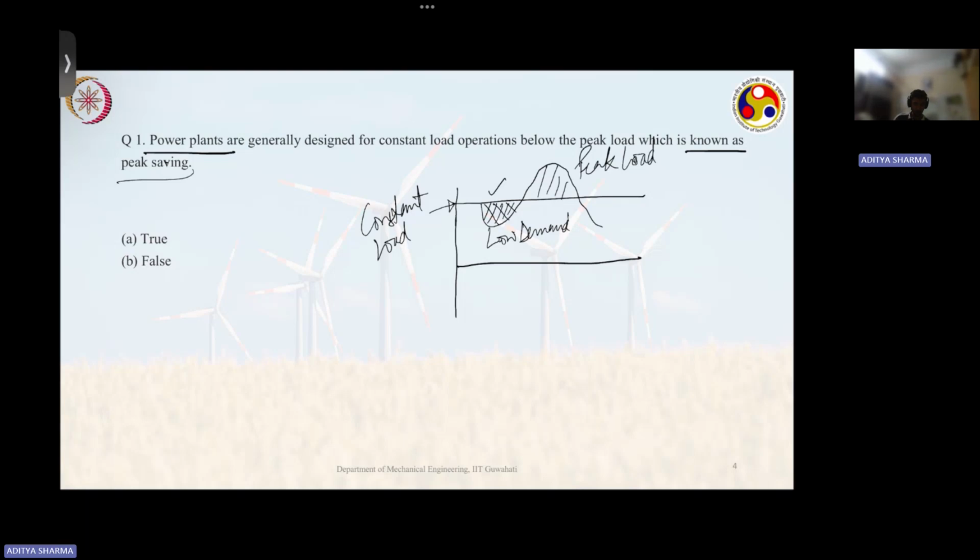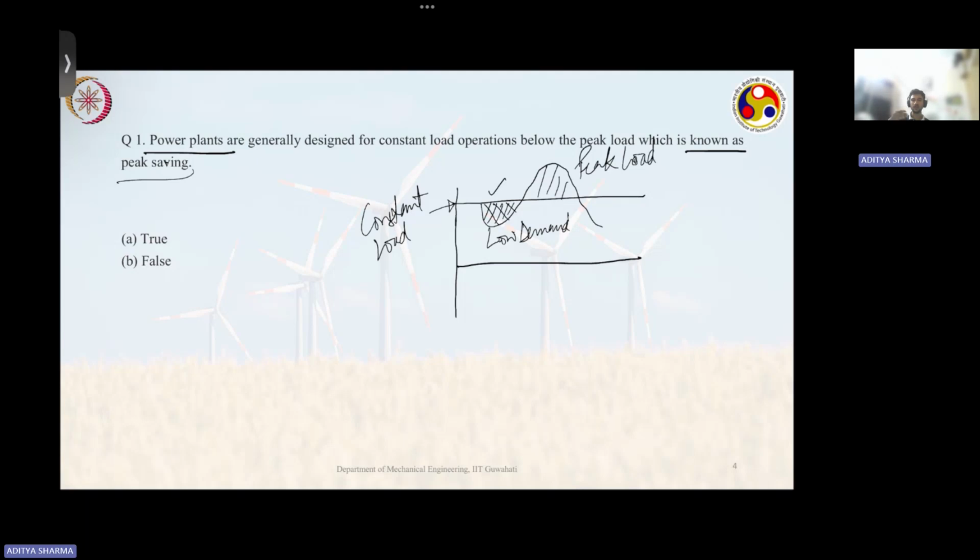So the advantage of this peak saving basically is, if you want to increase the level of constant load, the capital costs increase for the whole system. So in that case, you choose such a load where the costs are not high.